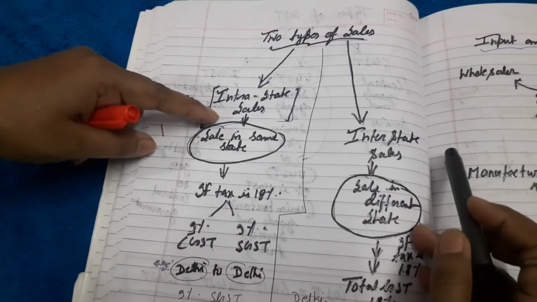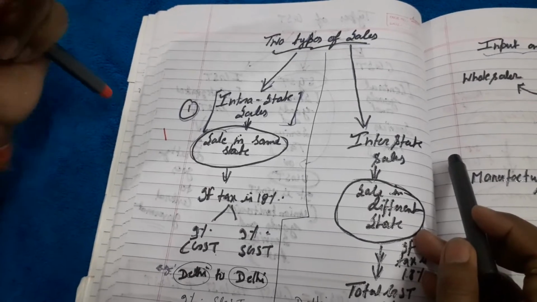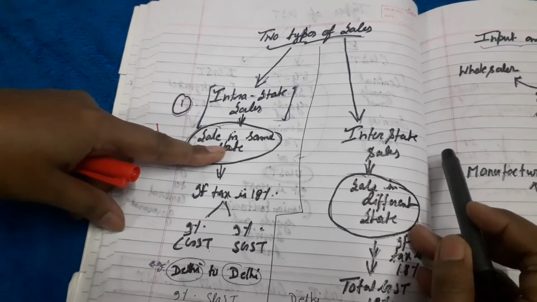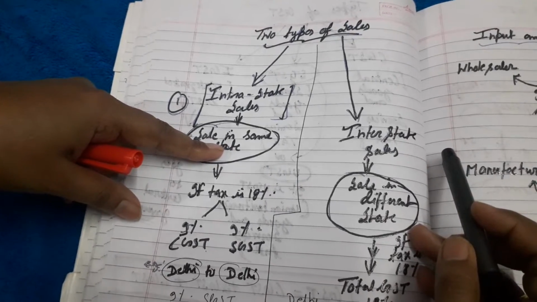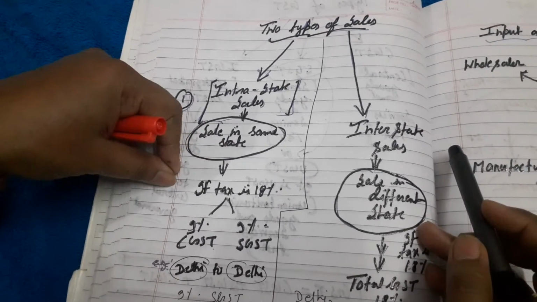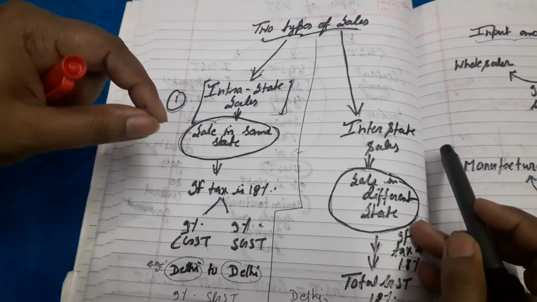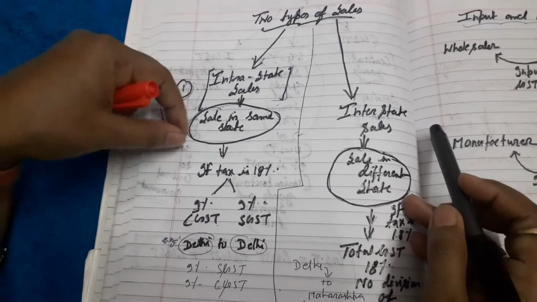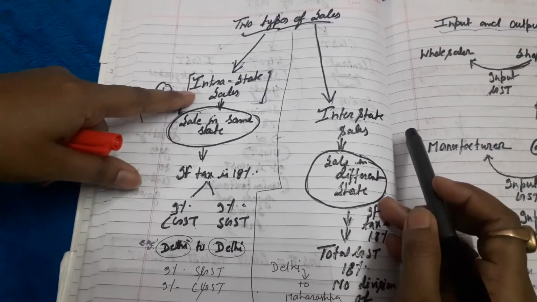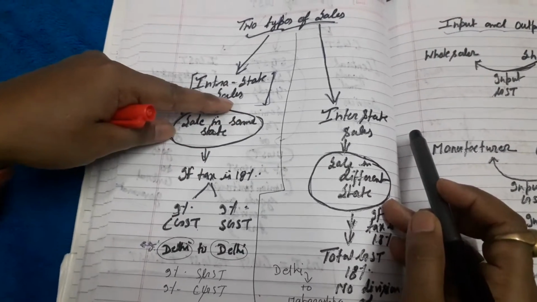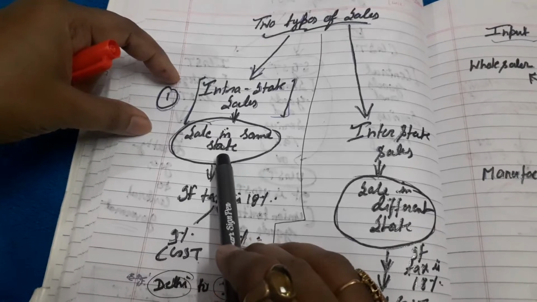You just think, if the selling is done in the same state, for example, if a shopkeeper is of Delhi and he is selling his item to his customer and that customer also belongs to Delhi, that type of selling is called intrastate sales, sales in the same state.